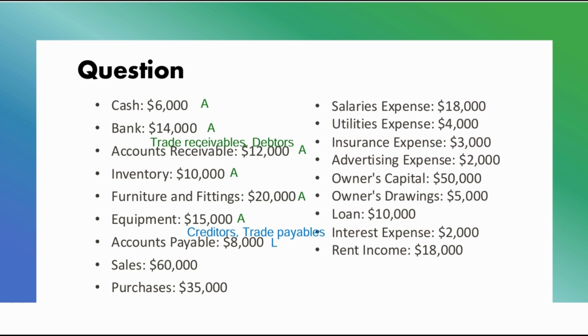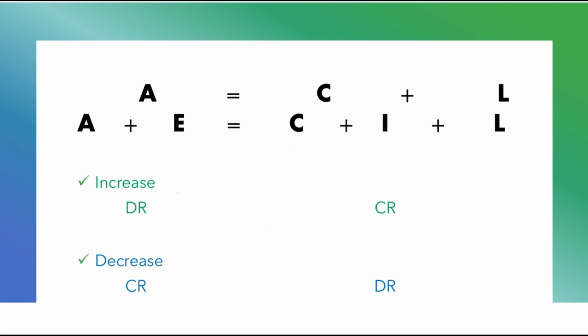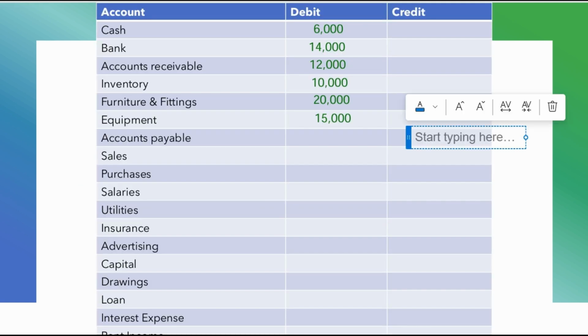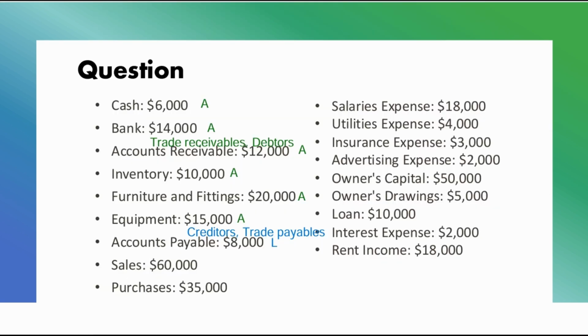Let's take a look at this equation. Liabilities are on the right hand side and they generally have a credit balance. 8,000 will be credited. Sales is one of the main forms of income.